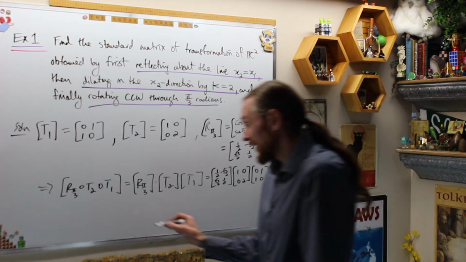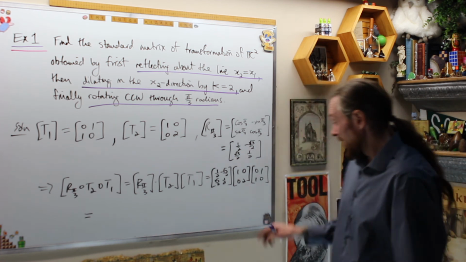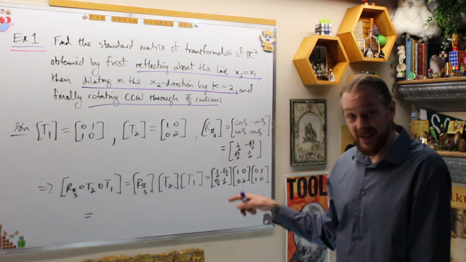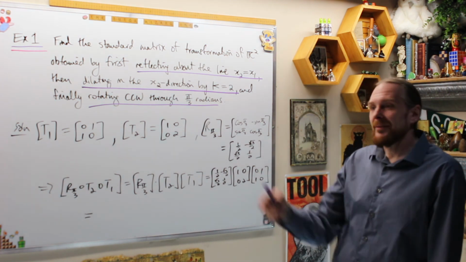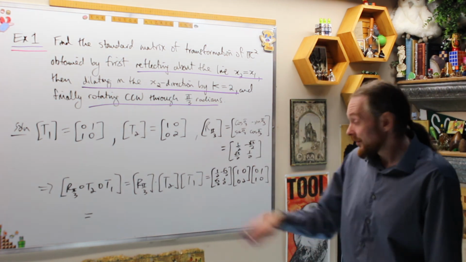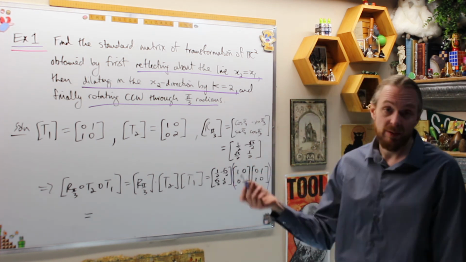What's going to happen to that? Now here's where I use the rule. One of the nice properties of matrices, which makes them a ring eventually, is associativity of multiplication. So I'm going to do the easy one first and then do the multiplication at the end.